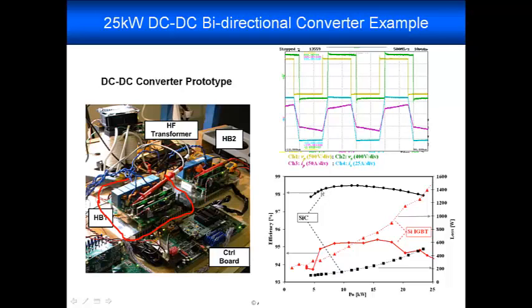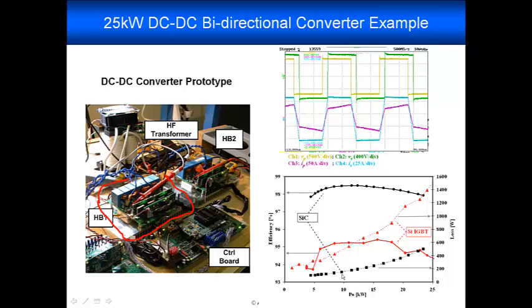Here are the measured efficiency numbers. The target efficiency for this converter was 98.5. We are able to get close to that, probably 98.4 at the 10 kilowatt level with silicon carbide, which was significantly better than the silicon IGBT version of this converter.